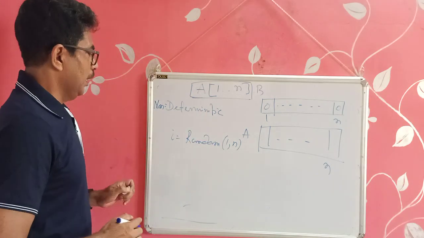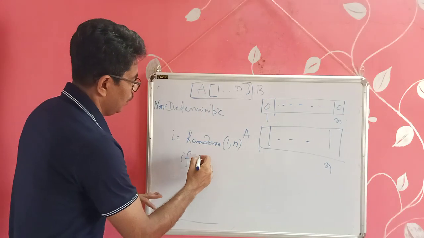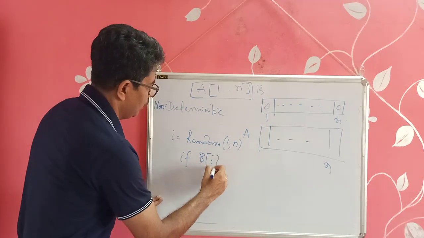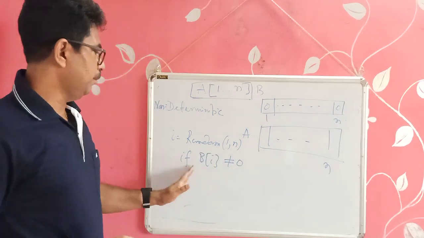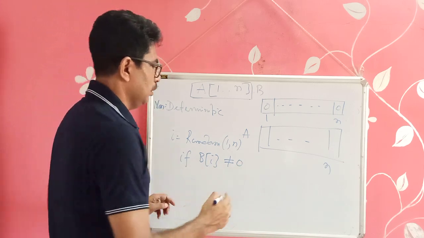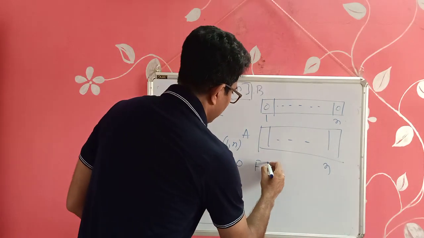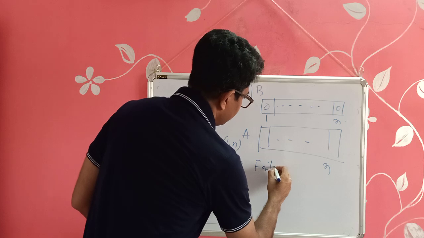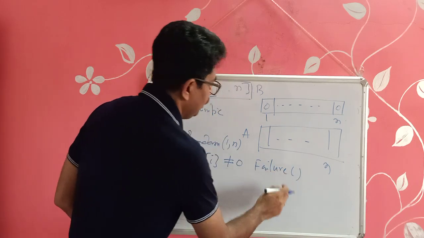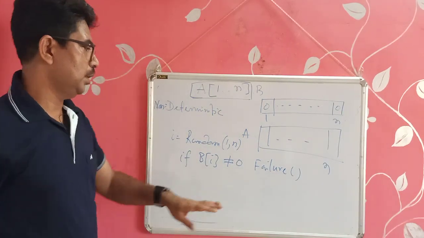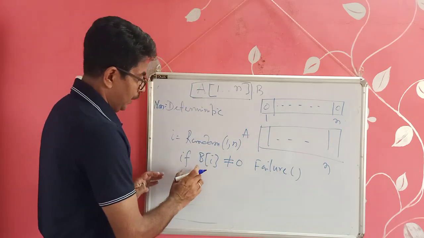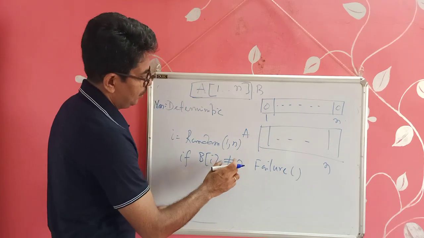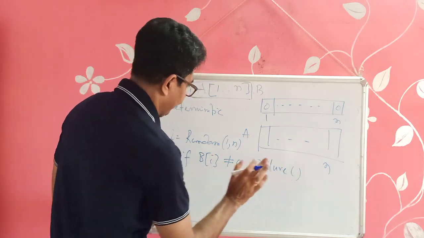Now, if bi is not equal to 0, we say that our algorithm fails. Failure here means the algorithm fails. Later I will come to why. If bi is not equal to 0, we say failure.